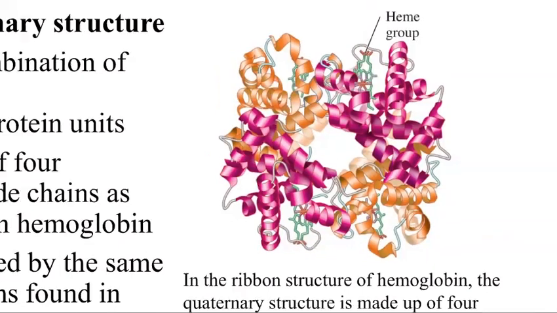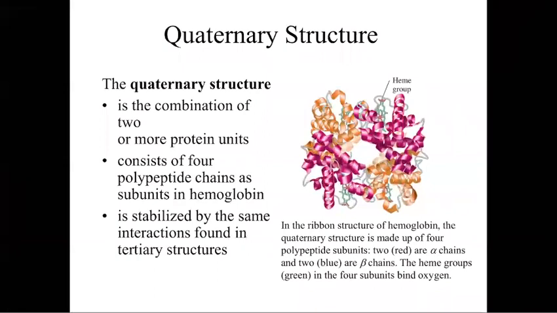But overall, you guys need to understand that when it comes to proteins, we are going to have 4 structural organization levels. Primary, the list of the amino acids in the proteins. Secondary, which comes from the hydrogen bonding in the backbone between the oxygen in the carbonyl and the hydrogen in the nitrogen.